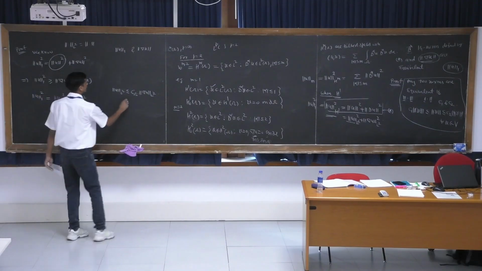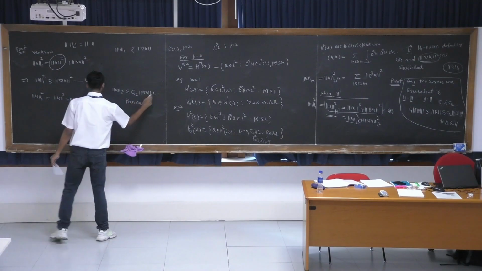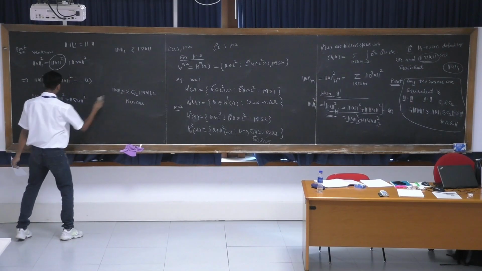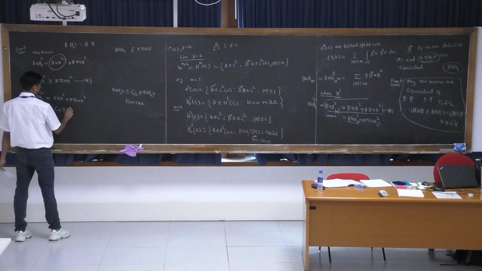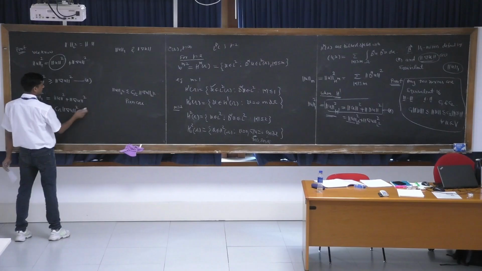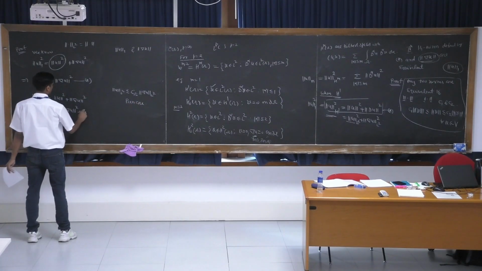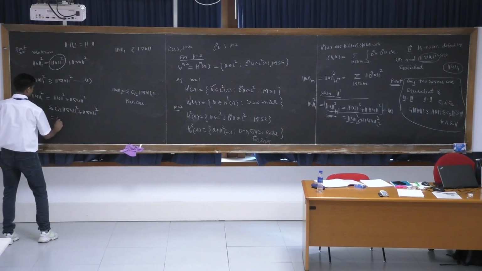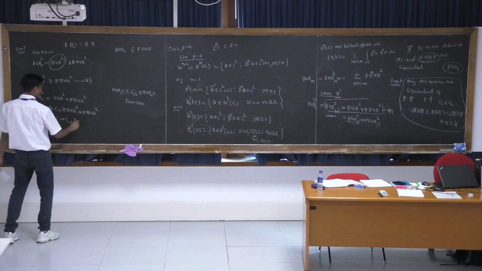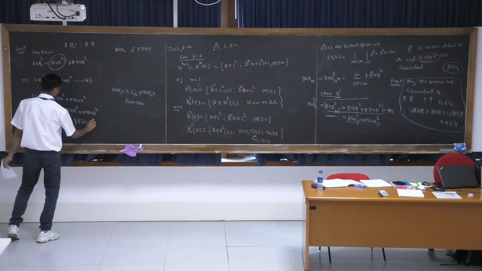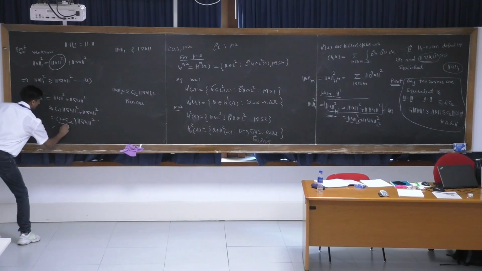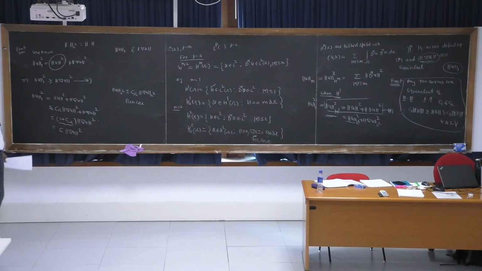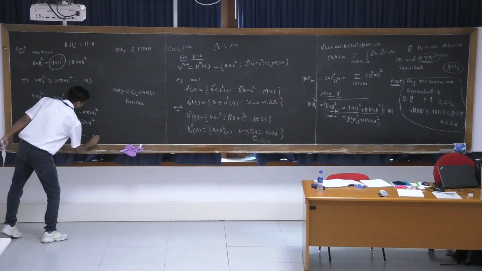So this is less than or equal to C omega times the norm of del u squared plus the norm of del u squared. Taking this common, it equals 1 plus C omega times the norm of del u squared, which is some constant C times the norm of del u squared. Call this double star.